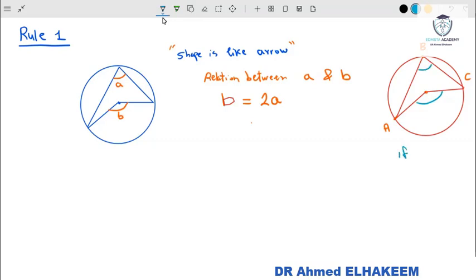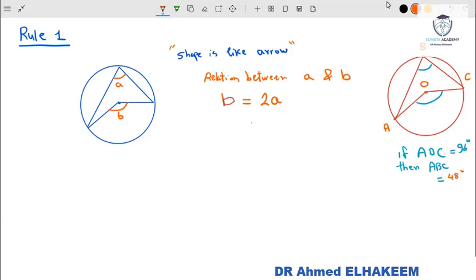So if I told you angle AOC equals 96, then angle ABC will equal what? 48. Okay, very good. This is rule number 1.